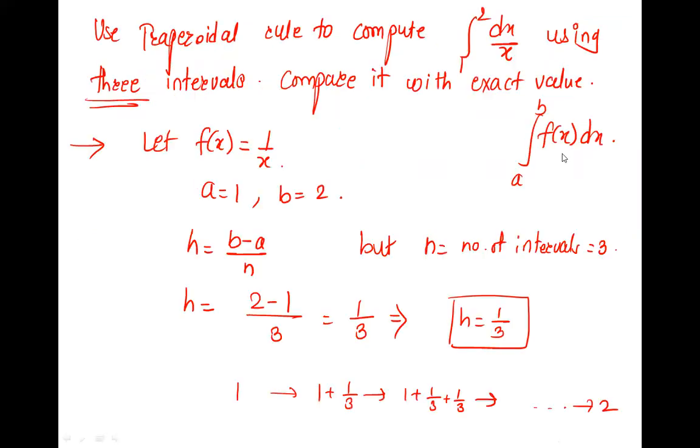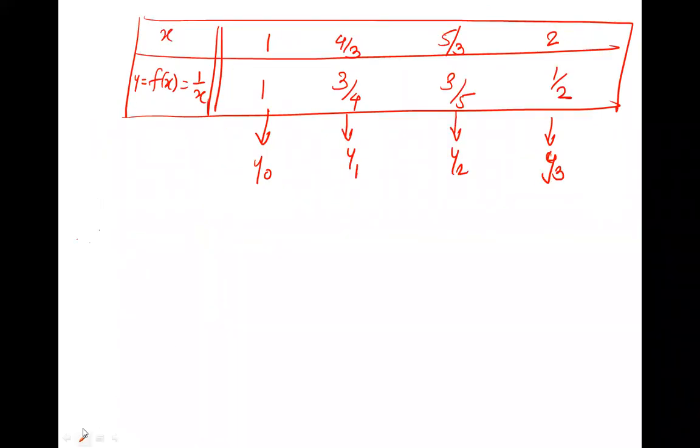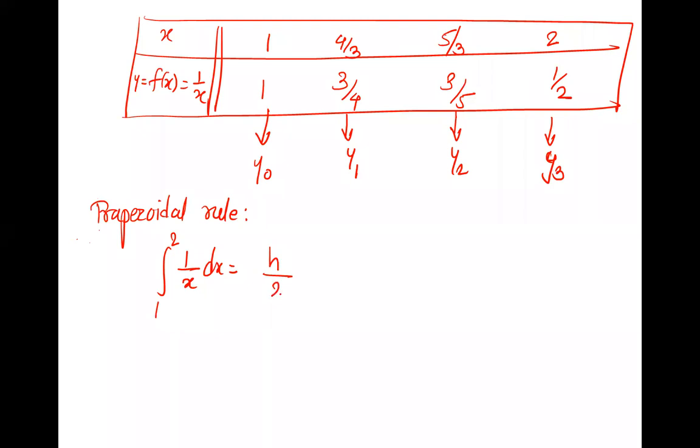And by which method it is asked? By trapezoidal rule. So what is the trapezoidal rule? You should write first. Integration 1 to 2, 1 by x dx is equal to h by 2.